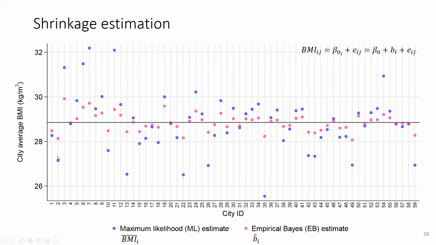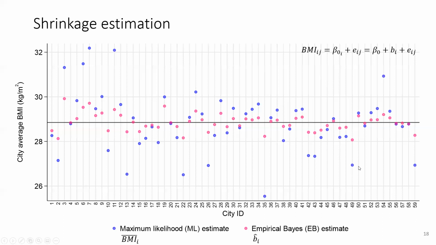And the second city, city 2, this is an observed mean, and this is an estimated mean from the mixed model. And city 3, this is an observed mean, and this is an estimated mean. So when you go through, you get to know that the estimated city mean by the mixed model is always being shrunk towards the overall mean. And this is the reason why we call it shrinkage estimation.